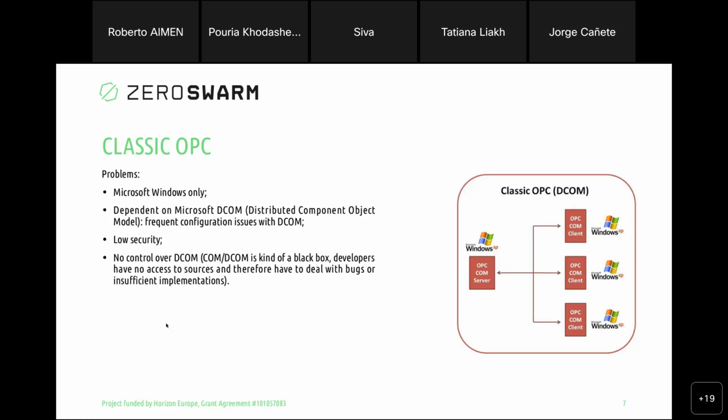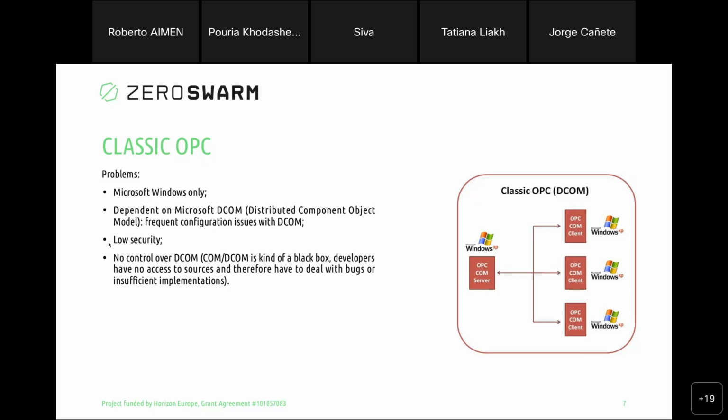Also, technologically, it was dependent on the DCOM technology, which was a type of black box from Microsoft, and caused a lot of configuration issues and other types of issues. It had low security because it had no security intended, and you had to depend on other security like the operating system security, firewalls, and so on. So it had no encryption, no access control, and so on.